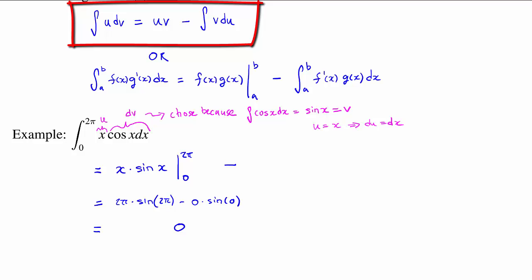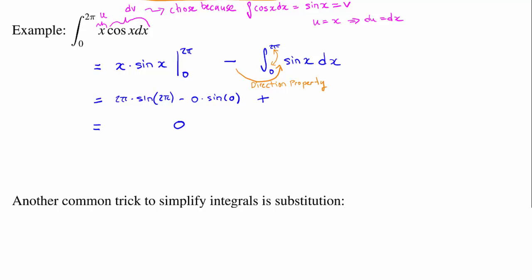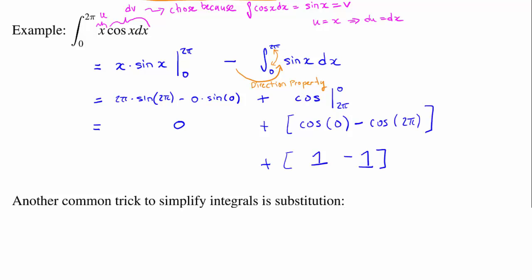So we subtract off the integral from 0 to 2 pi of sine x. Well, the integral of minus sine x is cos. The value of cos at 0, you get 1, but then you subtract off cos at 2 pi, which is also 1, so that's 0. So we're adding 0 to 0, and we'll wind up with 0.